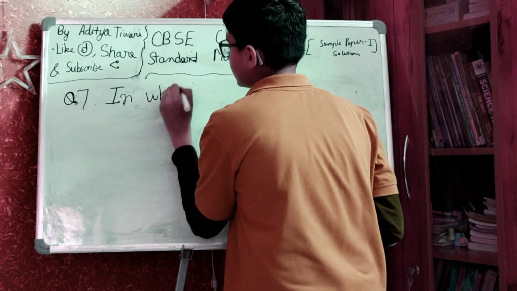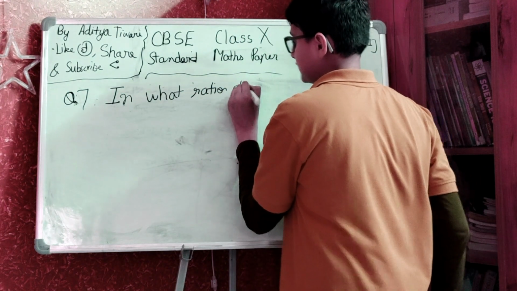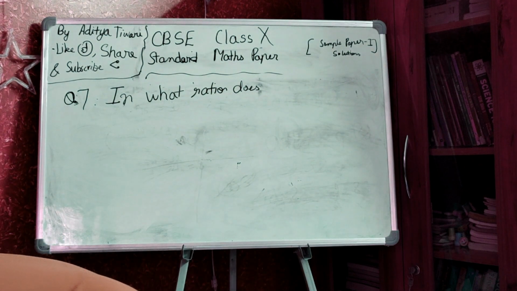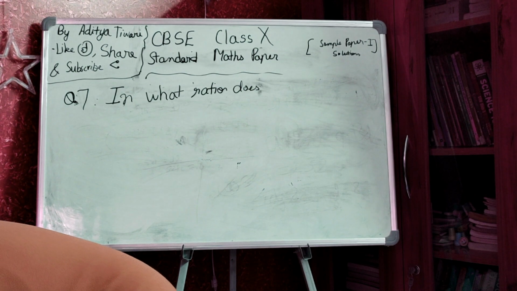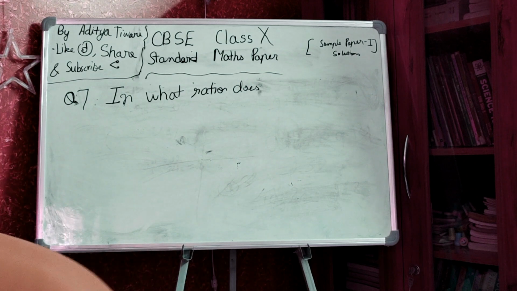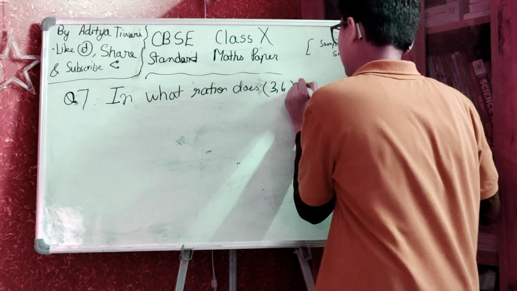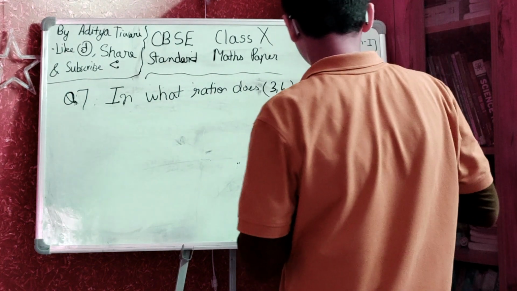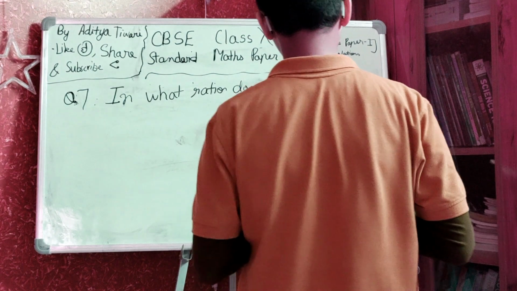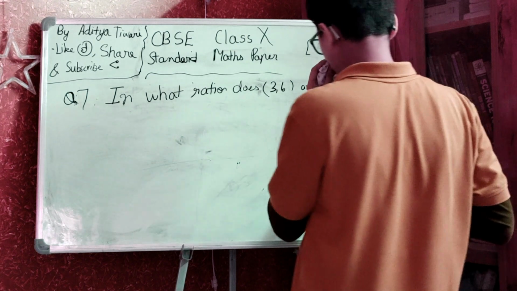In what ratio does the x-axis divide the line segment joining 3, 6 and negative 12, minus 3? 3, 6 and negative 12, minus 3.